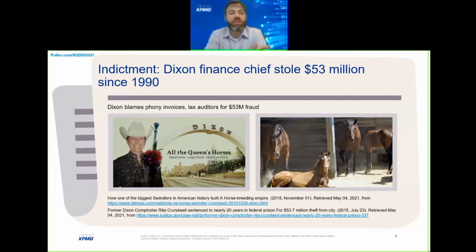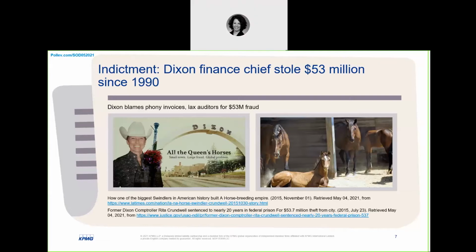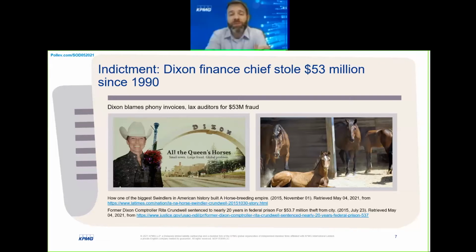It tells the story of a woman who worked for the small town of Dixon, Illinois, and she embezzled $53 million from this small town that really didn't have $53 million to lose. She did it under the guise of the financial downturn around 2008, 2009 to 2011, blaming it on the economy, when she was really just stealing money hand over fist.